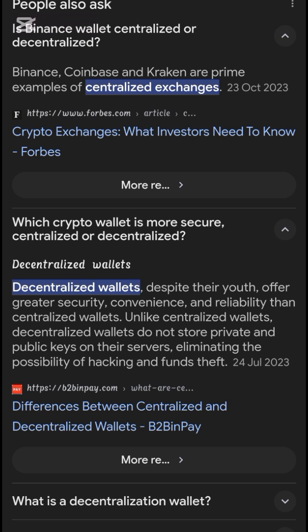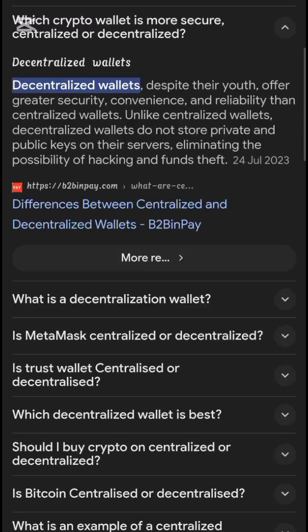Unlike centralized wallets, decentralized wallets do not store private and public keys on their servers, eliminating the possibility of hacking and fund theft. So leave in the comment section your comment on which is more secure, centralized or decentralized. You can comment below based on your work experience.